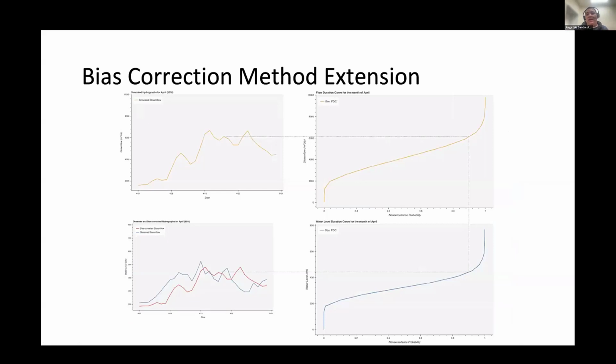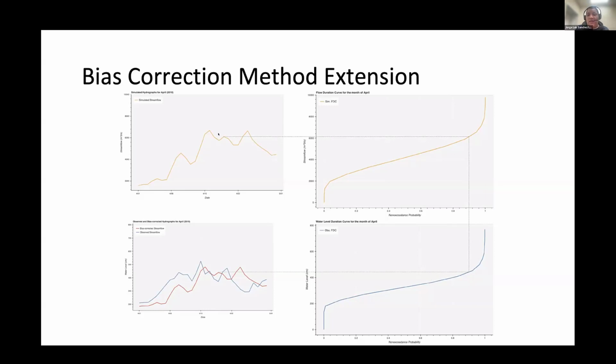In a similar way, we were asked for some places where they don't have a rating curve and they don't have discharge values, but they have water level values. And even though this cannot be considered a bias correction method because we are not correcting the simulated volume, considering that discharge values came from water level values, we are able to construct a water level duration curve.